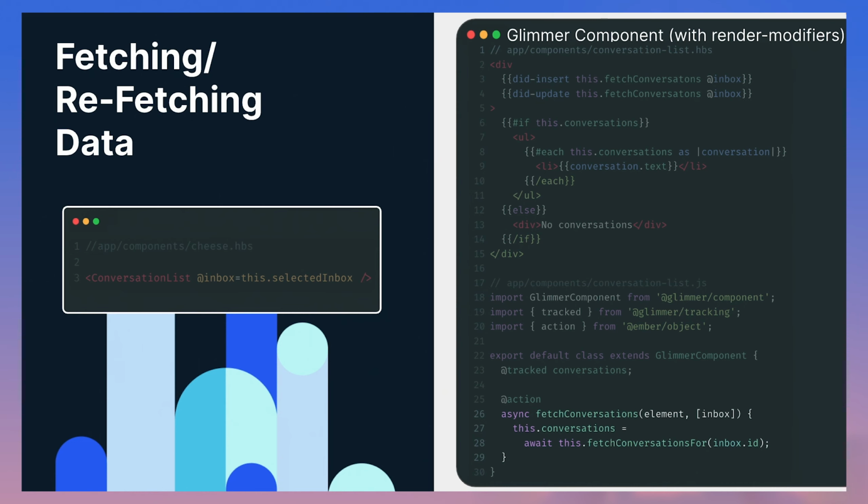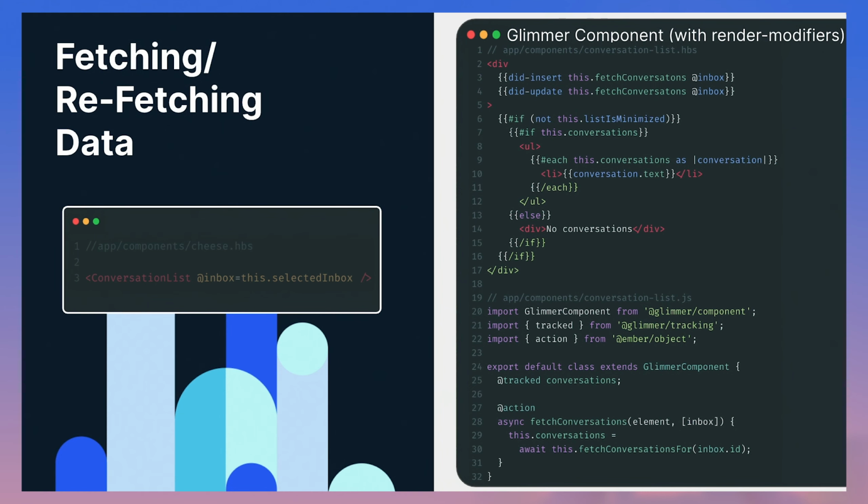It suggests that modifiers aren't the greatest for this. And we have two modifiers calling the same function. It just feels a bit weird. And the whole idea of the did update one is we need to pass the inbox in, because that's what tells did update when the inbox changes. Then I want to recall that function. So it's all just feeling a little smelly.